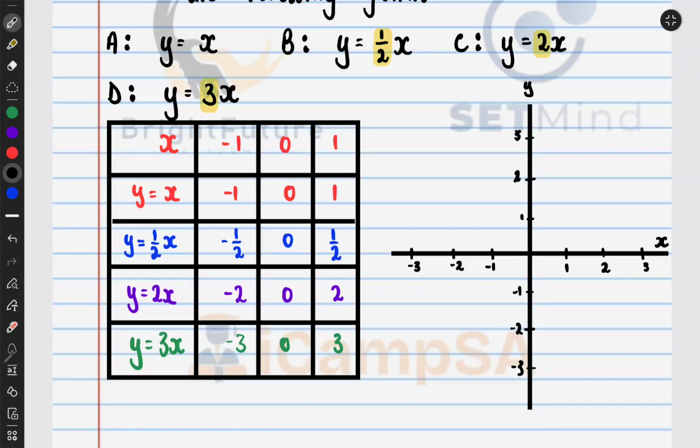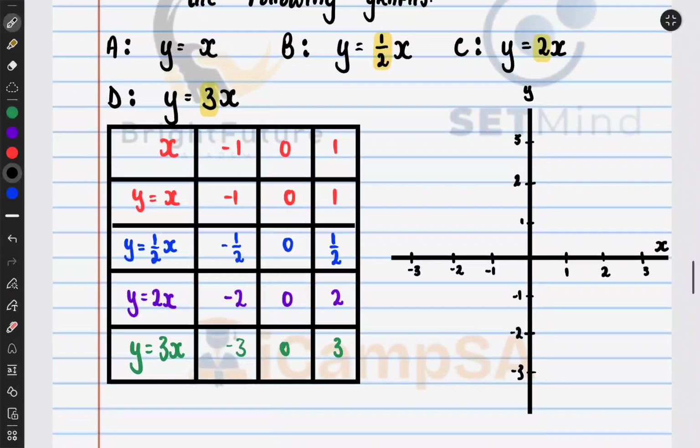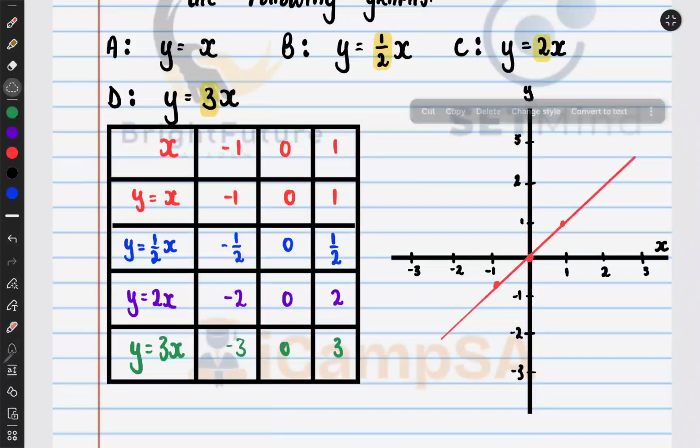Let's now plot the first function, a, which is y is equal to x. We have negative 1 and negative 1, 0 and 0, and 1 and 1. Now, after we've plotted our points, we simply join the points to form the straight line.